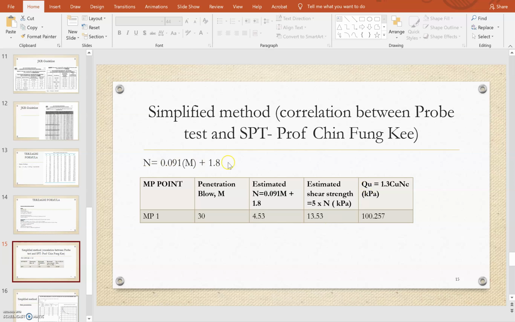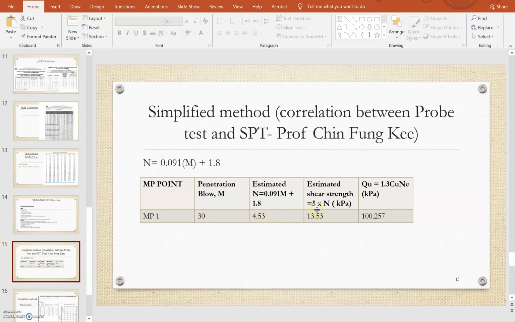This is the formula derived by Chin Foong Kee. For example, you have number of blows of 30. By this value, you can get the estimated N value by 0.091 times M plus 1.8. So you will get 4.53, for example.